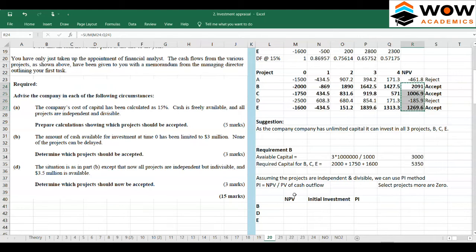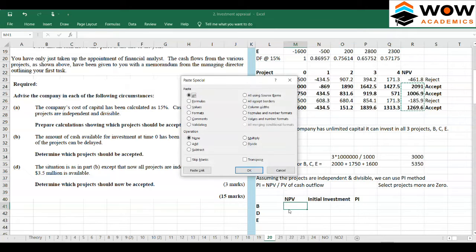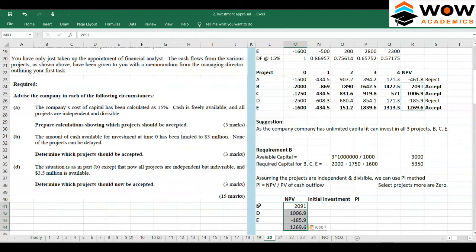So these are the NPV. B has an NPV of 2091, C has an NPV of 1006, and D is rejected, and E has this NPV. So let's get the initial investment.